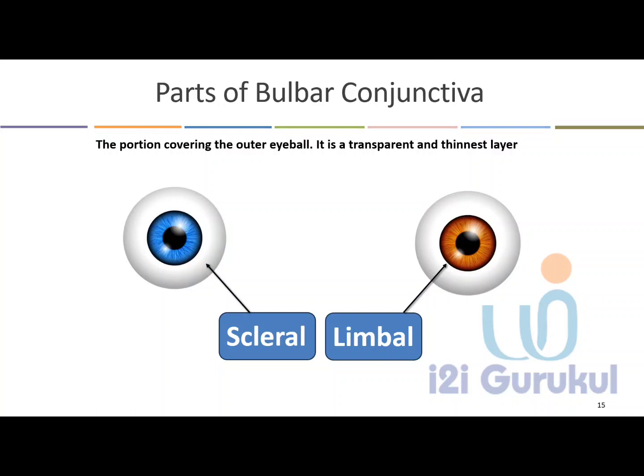The limbal conjunctiva is a 3 millimeter ridge around the cornea, the junction between the cornea and the conjunctiva. The glands of Manz are present in this region. Function of this limbal conjunctiva: it nourishes the peripheral cornea.